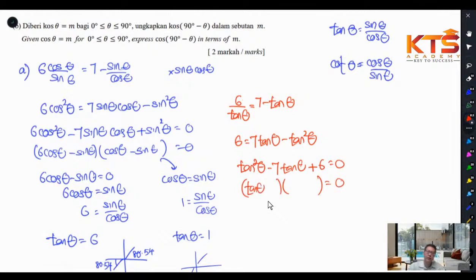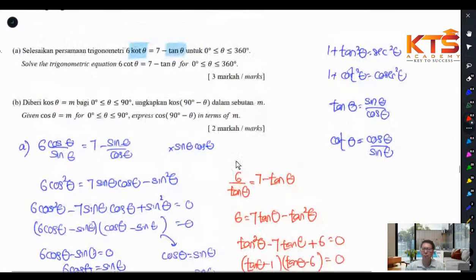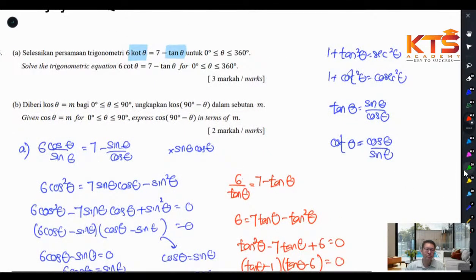Tangent theta minus 1, tangent theta minus 6. So tangent theta equals 1, tangent theta equals 6. This one is better, but the number of steps is about the same. Good, so we can use either the red color or the blue color.